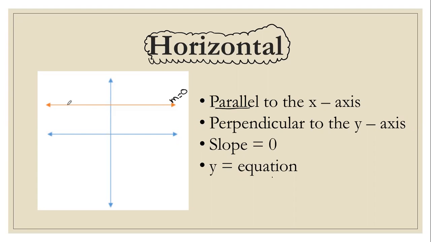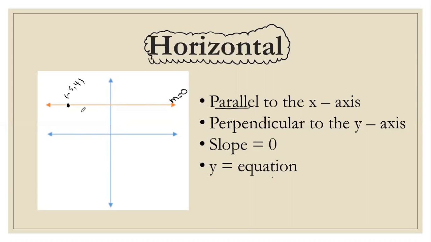You could draw this really quickly in your journal as an example. Let's say that this point right here was (-5, 4). That's the information they gave me about this line.